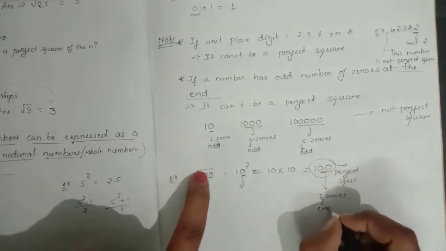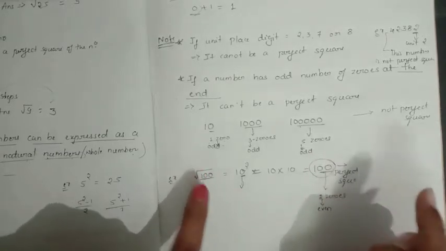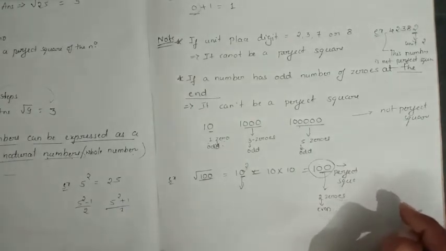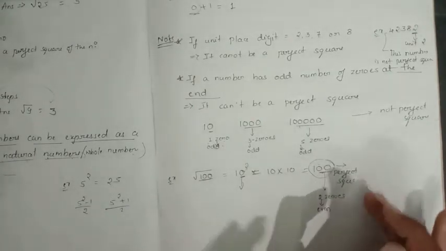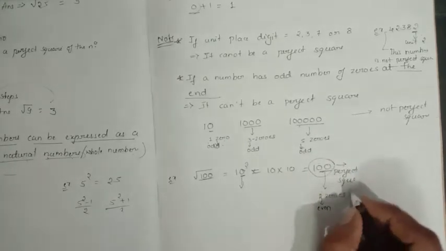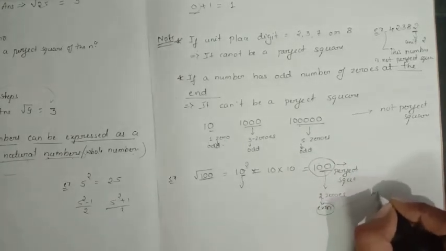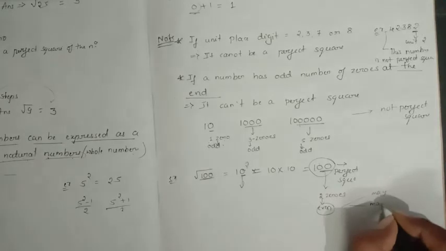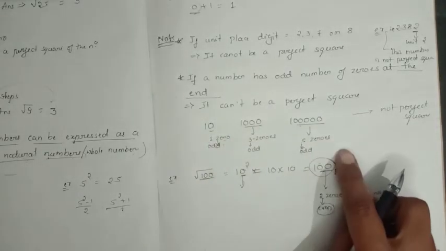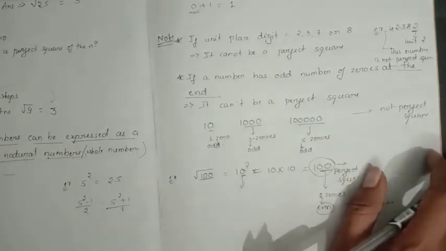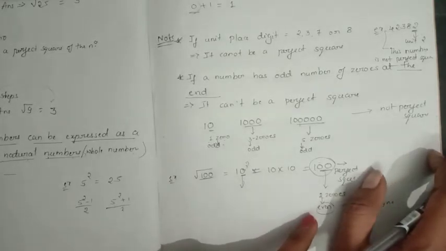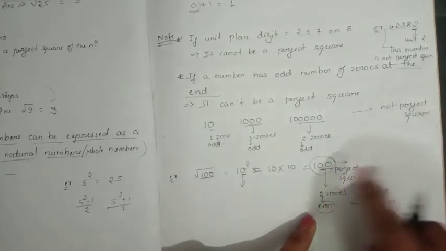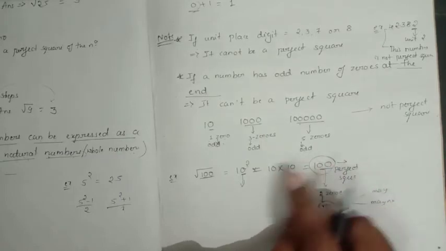If there is an even number of zeros, then it may or may not be a perfect square. But if it is an odd number of zeros, then definitely it is not a perfect square. Why? Because take another example: 100, we know that it is a perfect square of 10.